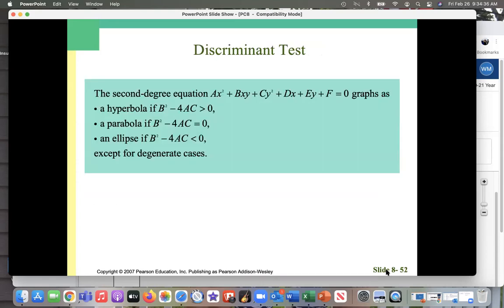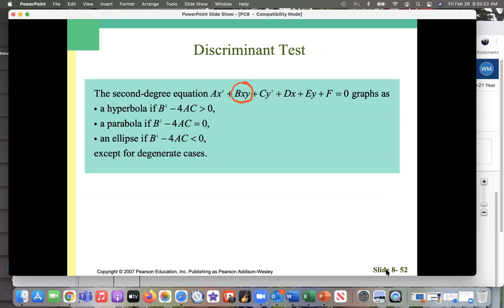Now, looking at what we have here, if we have a rotation, and let me get my pen working here. All right. If we have an equation for a conic that has been rotated, we're going to see a term like this.